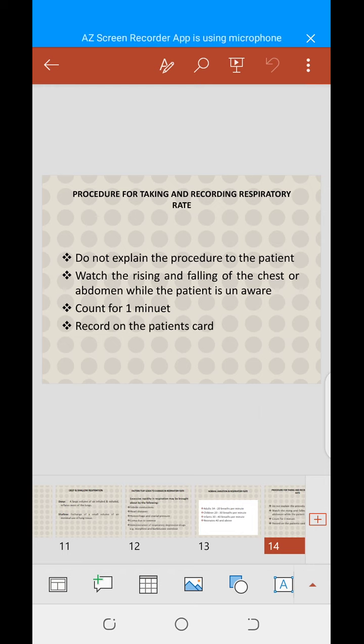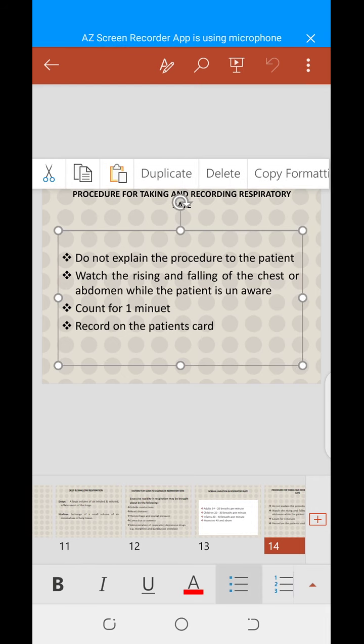and count for a complete 1 minute if there is irregularity. But if the respiration is regular, you can count for 15 seconds or 30 seconds and multiply by 4 or 2 respectively. That is, if you count for 15 seconds, you are expected to multiply that 15 by 4 to give you the respiratory rate of that patient per minute.